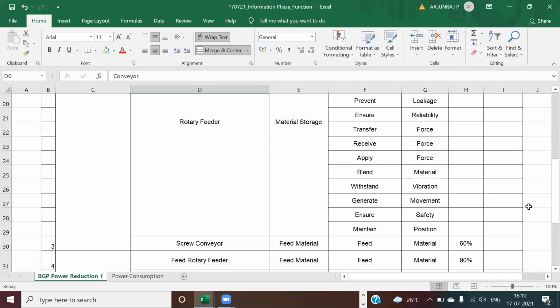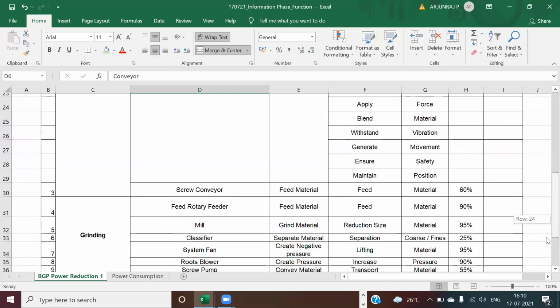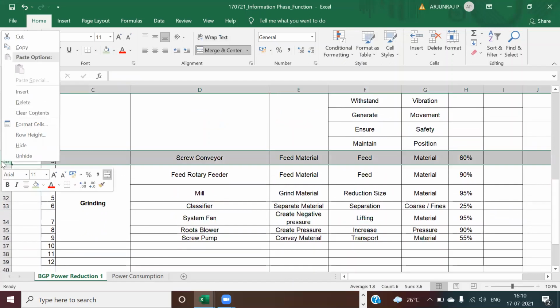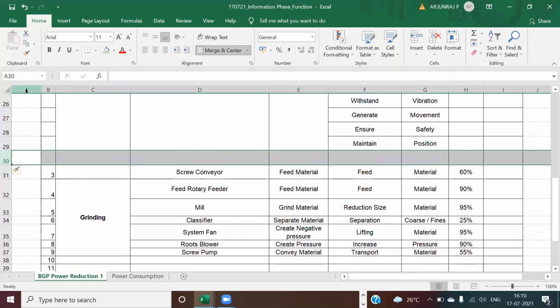Okay, so now, yes sir. Now let us write a few other functions. For material handling only, this is the last equipment, the screw conveyor.